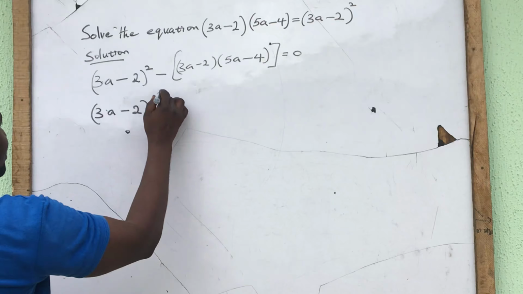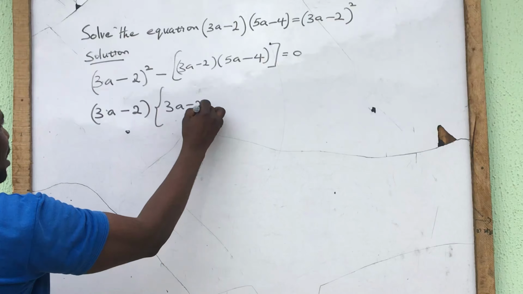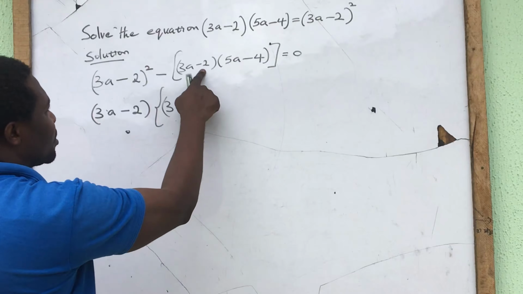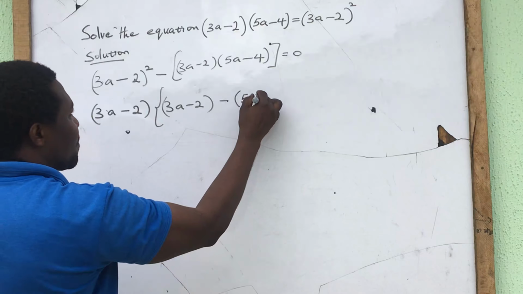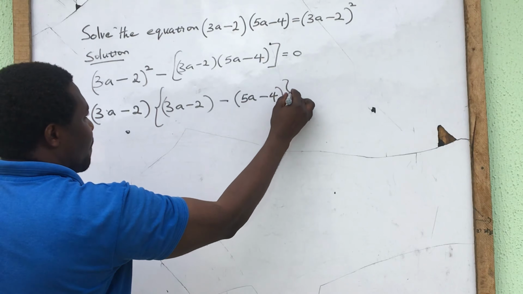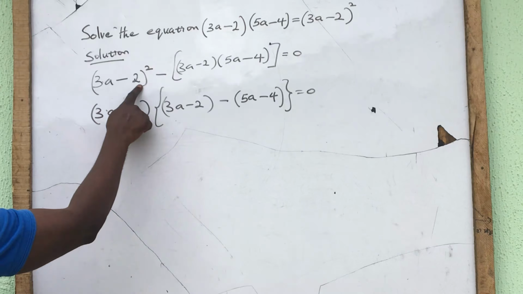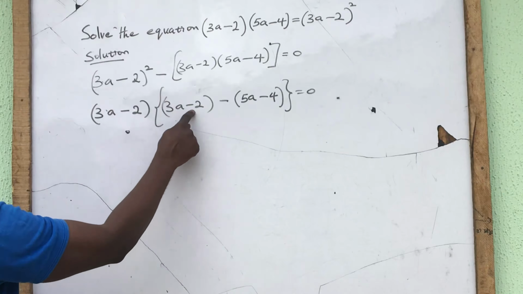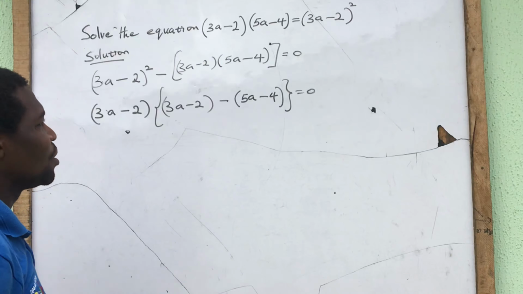So remaining, open something like this, 3a minus 2, 1 that remains here. Then this one is outside as well, minus what remains here is 5a minus 4 equals 0. So if you understand that I factored 3a minus 2 out here, 1 here, 1 here. If this one remains 3a minus 2, while this remains 5a minus 4.